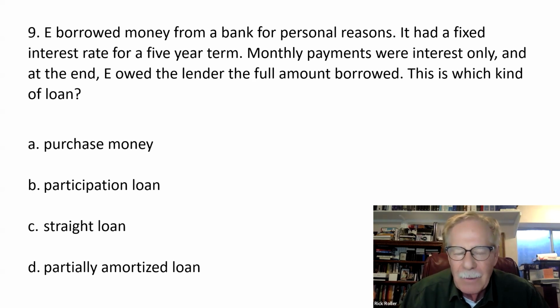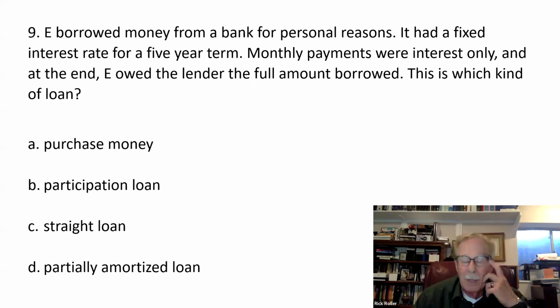What kind of loan is this? Is it a purchase money loan? Well, no. Why? Well, look at that first sentence in there. It's for personal reasons. Purchase money loans are used to buy the property. In this case, clearly he already had the property, already has a fixed rate interest loan, although it's just a 5-year term. But it's not a purchase money loan.